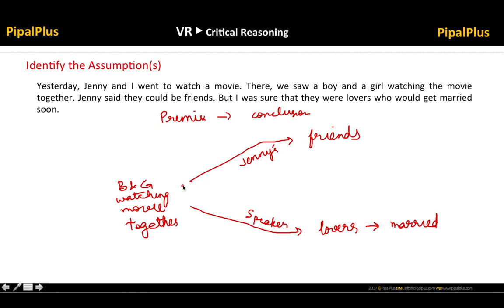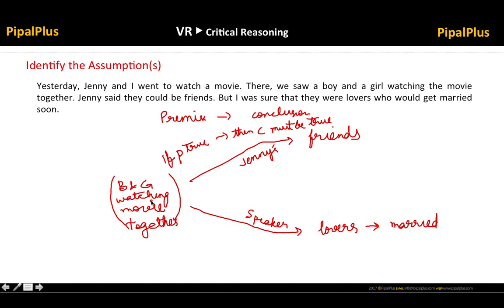So if you notice, the structure of Jenny's assumption here is that if the premise is true, then the conclusion must be true, right? So really speaking, any assumption takes the shape: if premise in general is true.